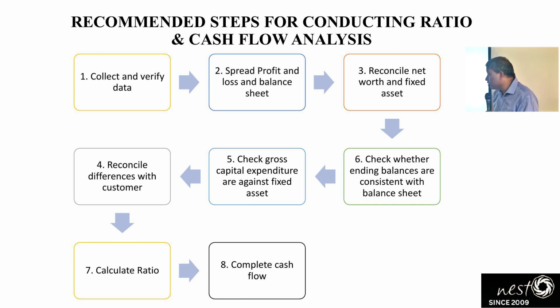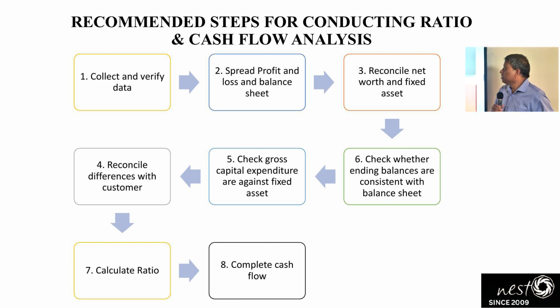Then you do the ratios and complete the cash flow. I will repeat again: collect data, analyze, do data massaging, do analytics in the form of P&L, cash flow, reconcile net worth, and fixed assets. Also look at gross capital expenditure and the closing balance sheet values. That is very important.